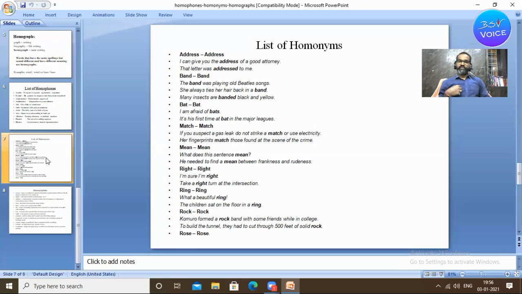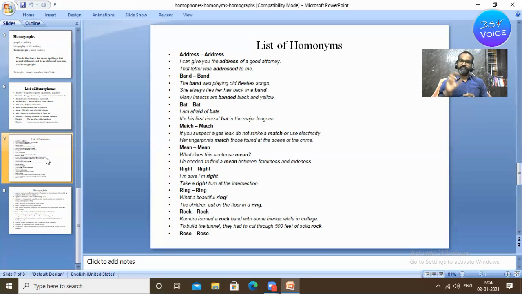I'm not wrong. I'm doing everything correct. That's called right. And one more: take a right turn at the intersection, at the junction. What does it mean here? The person has to move some other side. So that is right side. The opposite meaning of left is right.